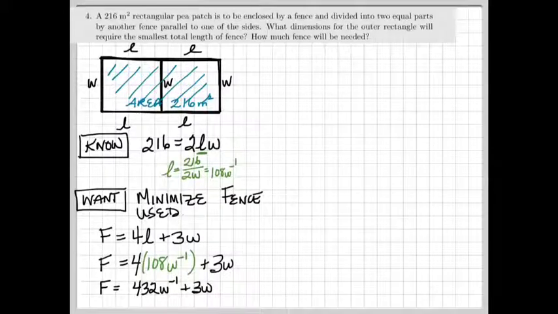Similarly, if the length were infinitesimally small, the width would have to become huge to make sure that we met the constant region being enclosed. What that means for this problem is that we are optimizing not on a closed interval, but on an open one, the one between 0 and infinity.